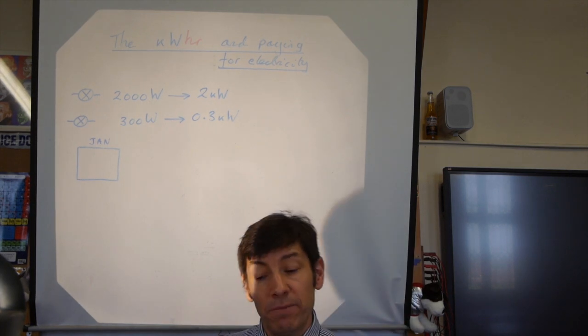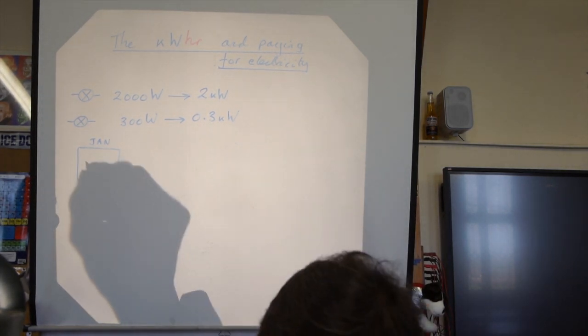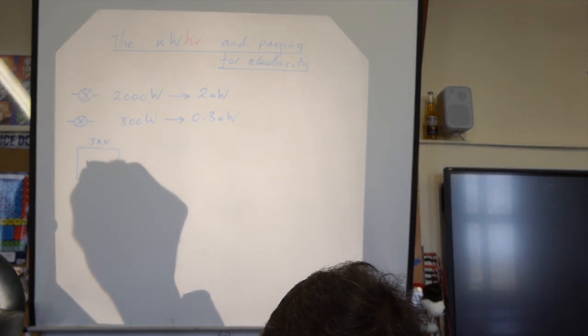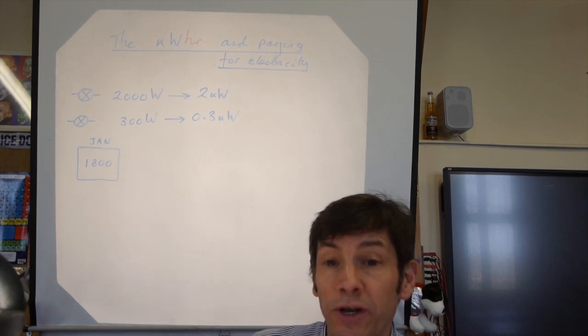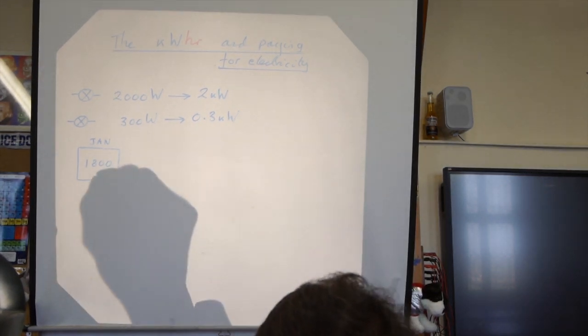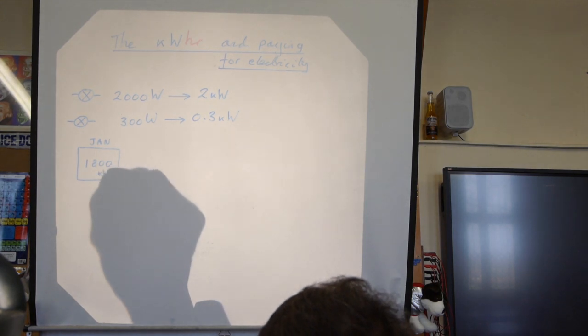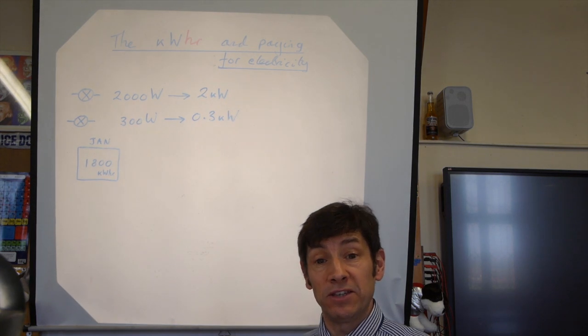Maybe the electrical company went to your meter in January and it was reading 1,800 units of electricity. Underneath that, you might notice they write kilowatt hours. That's just the reading on the meter.